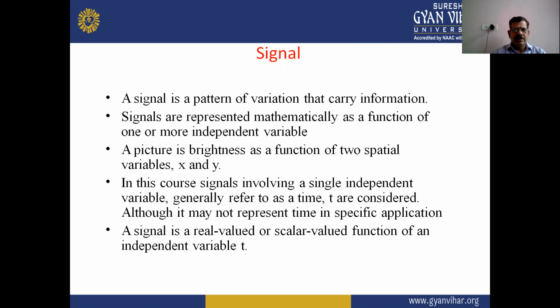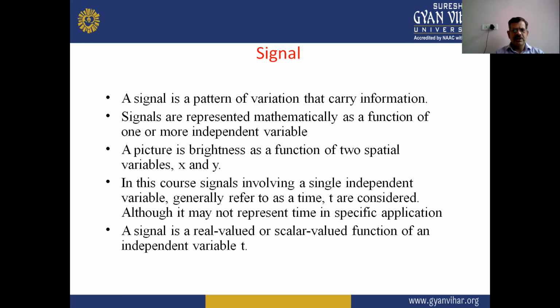A signal is a pattern of variation that carries information, and signals are represented mathematically as a function of one or more independent variables. A picture is brightness as a function of two spatial variables x and y.